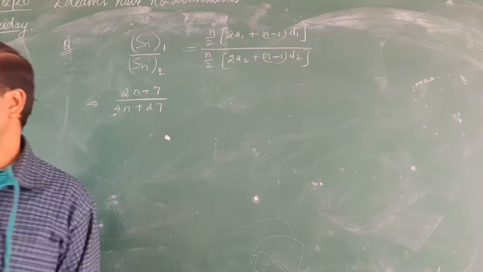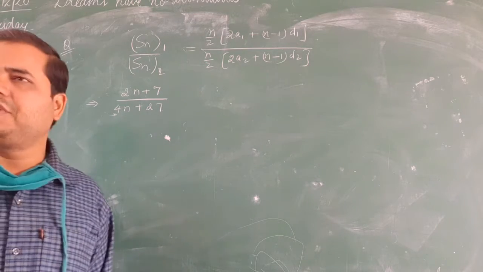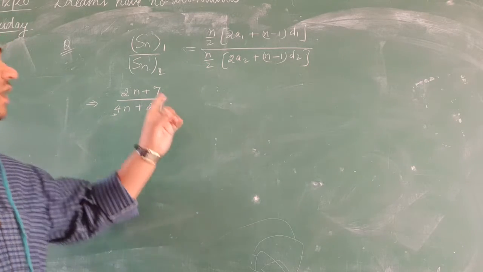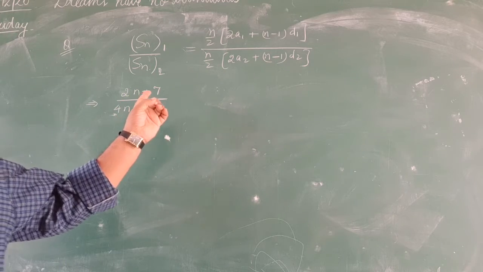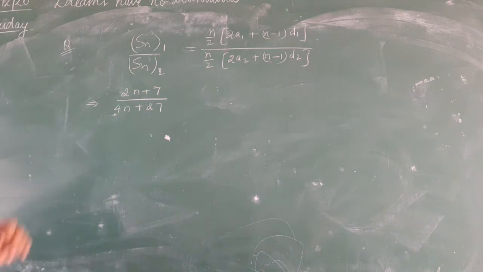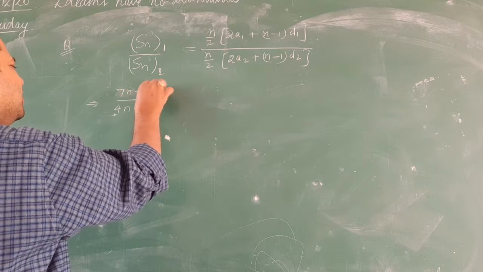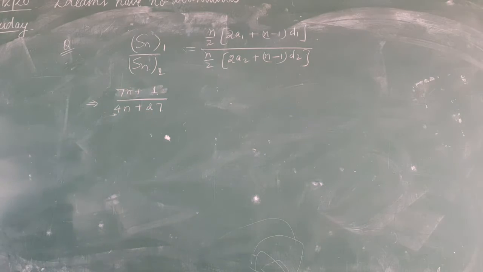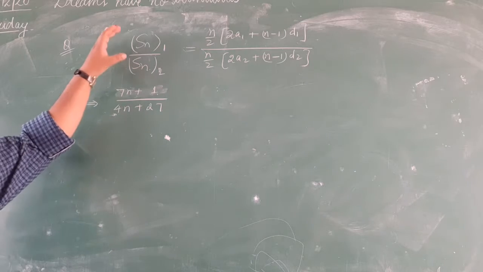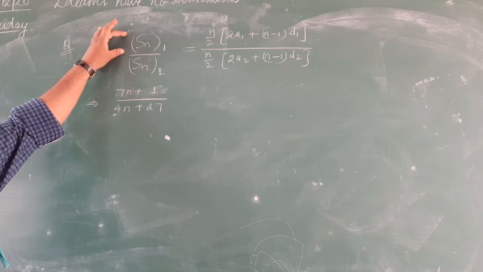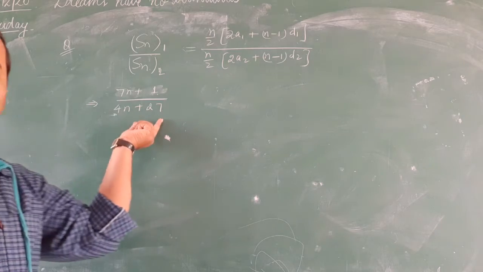Given ratio is this only. The ratio of the sums of two APs is this much.